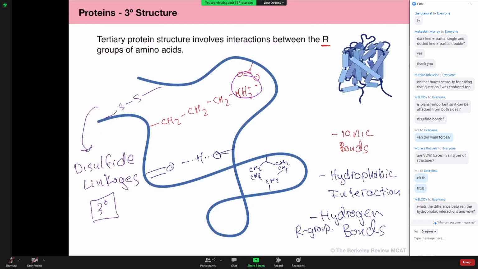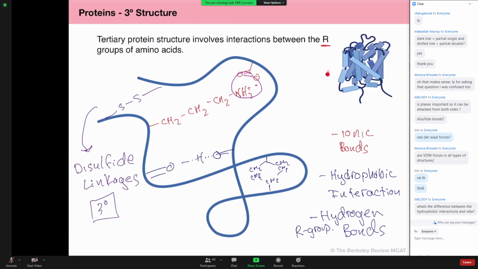Okay, so now that we're on tertiary structure, when we talk about tertiary structure, we're talking about 3D structure, right? We're based on three-dimensional coordinates, right, of a single subunit.